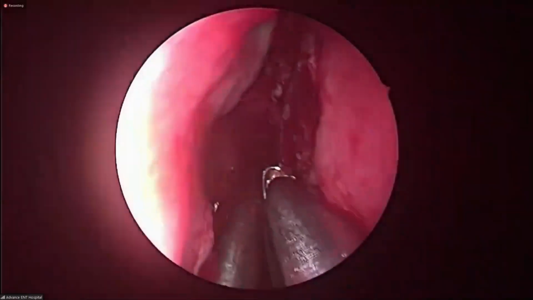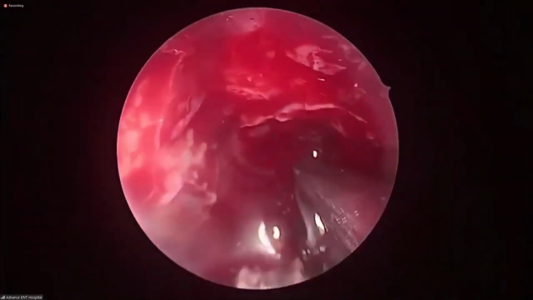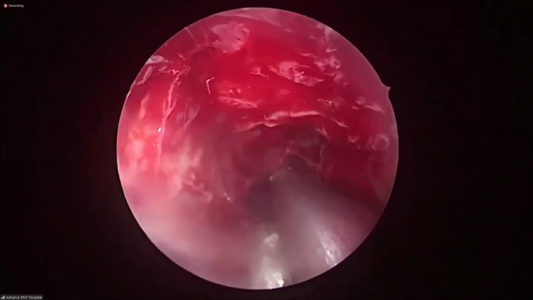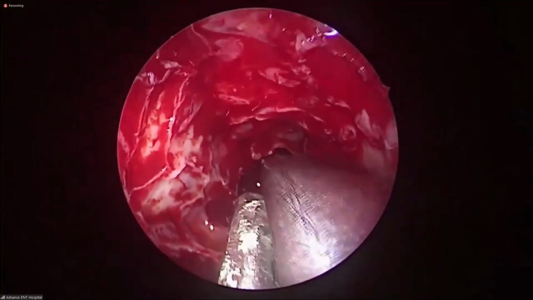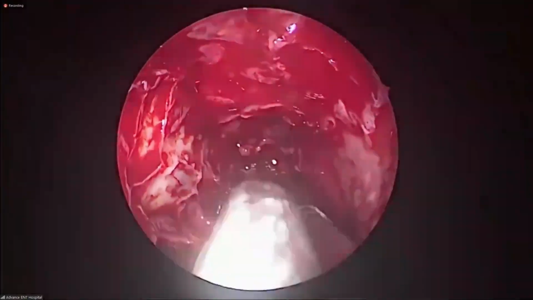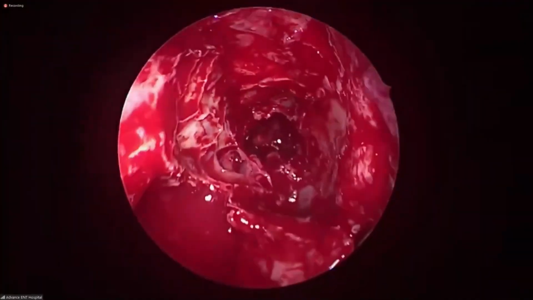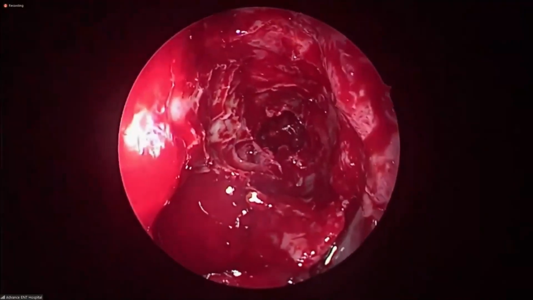This is important. See the sphenoid? Yes, sir. Very wide opening, sir.